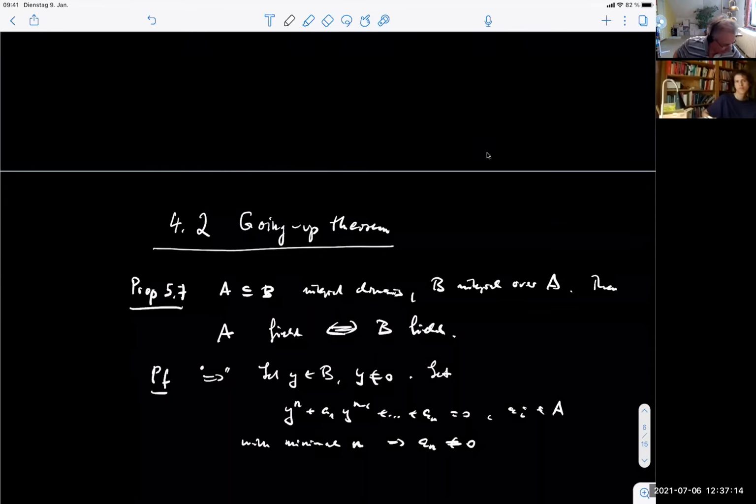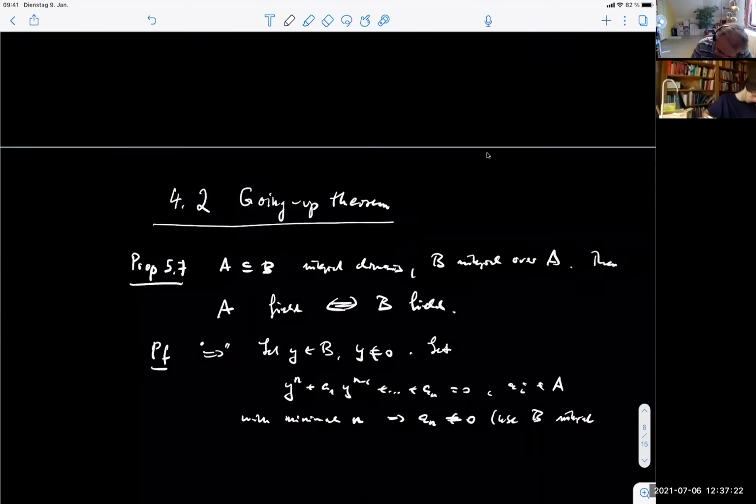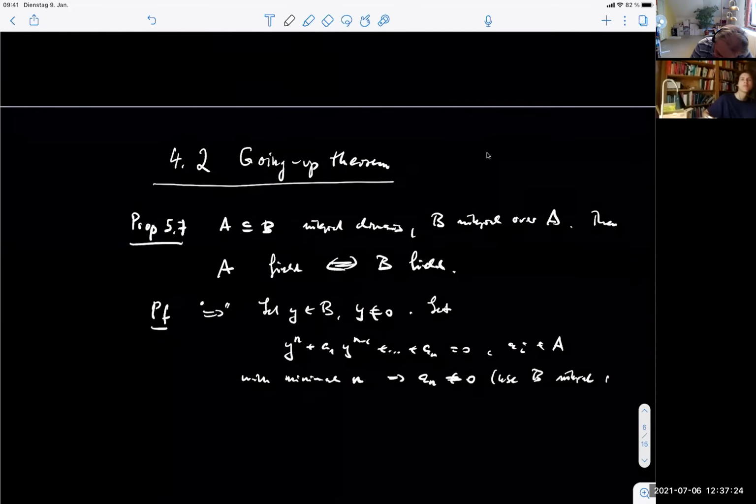So the a_n is not 0. Here I use the integral domain. Otherwise, I couldn't make this conclusion.